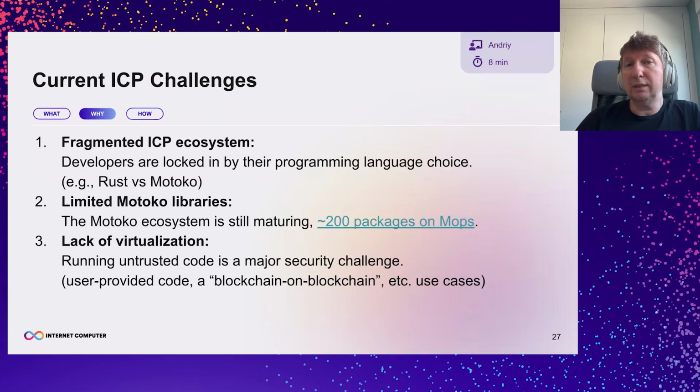Second, the Motoko ecosystem is still maturing, with just over 200 packages on MOPS. More packages are essential for Motoko growth. Last point, ICP doesn't have a safe way to run third-party or user-provided code. This can be limiting for some use cases. So how do we solve these problems? On the next slide, please.